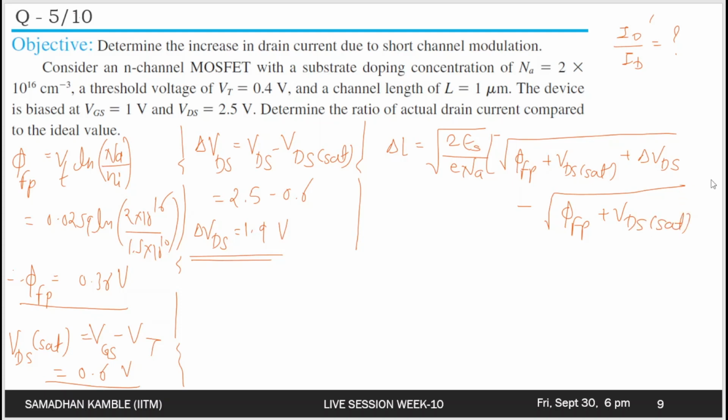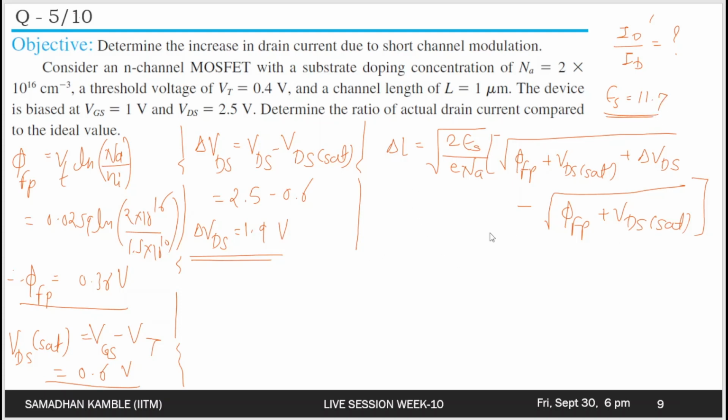Okay, so now this is just mere substitution. Now we have different parameters and we can substitute them. One more thing is epsilon s for silicon is 11.8, 11.7 indeed.